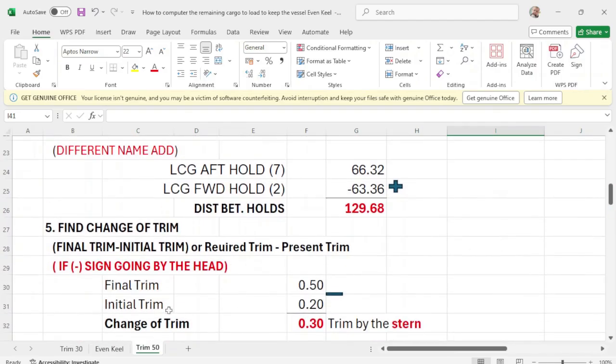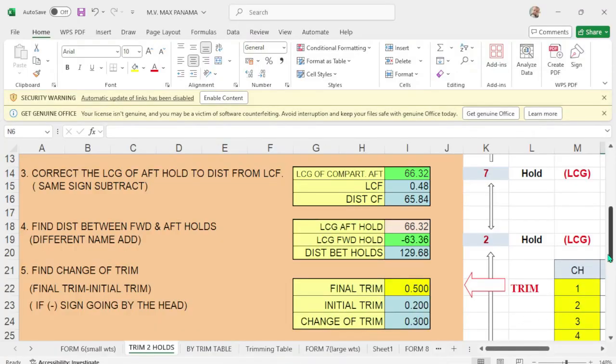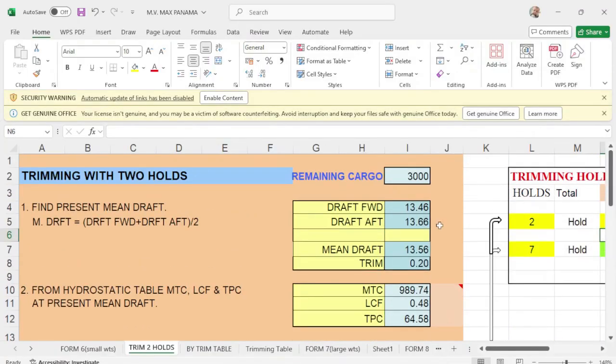Okay. So the final trim is 50 centimeters. Take note that your initial trim is 20 centimeters.